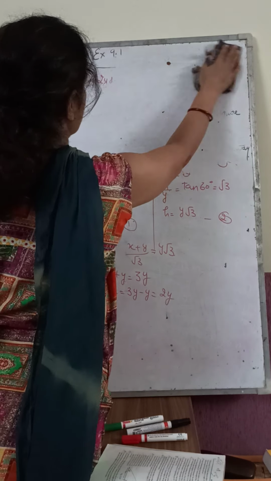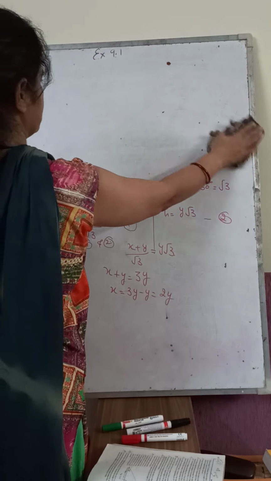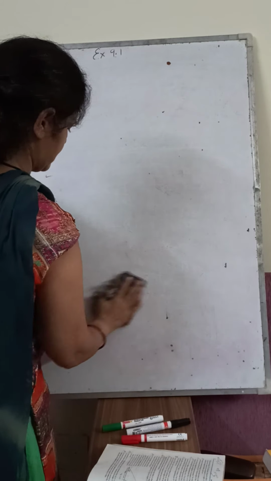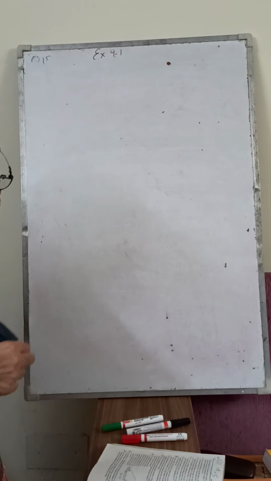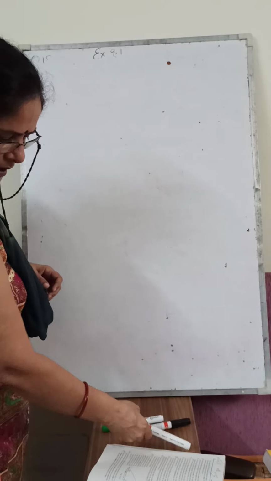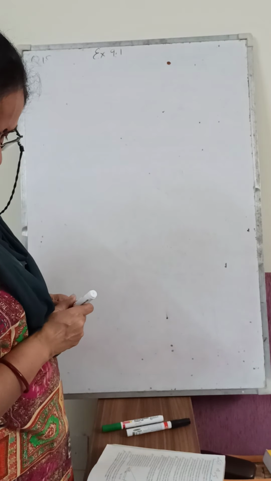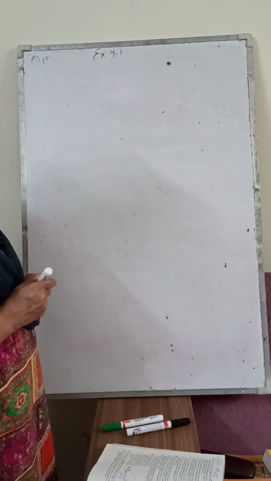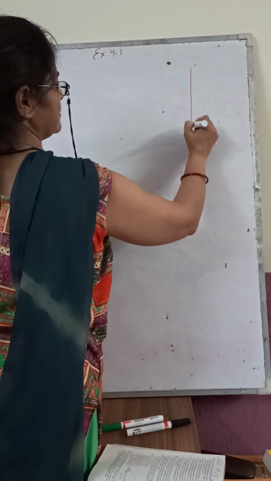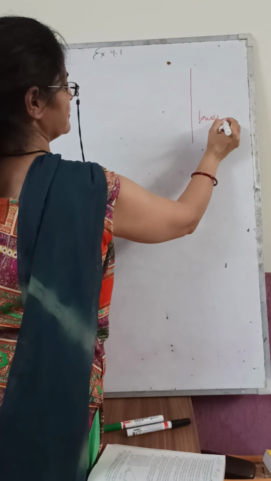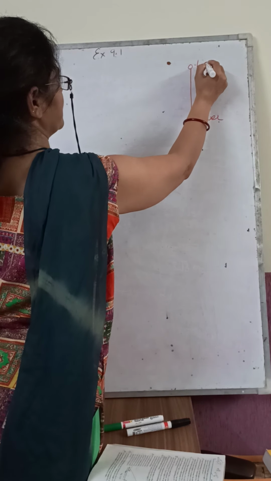Now come to the last question of this exercise. This is very important as well as very easy question. See, the angle of elevation of the top of the tower, this is the tower, this is the top of the tower.